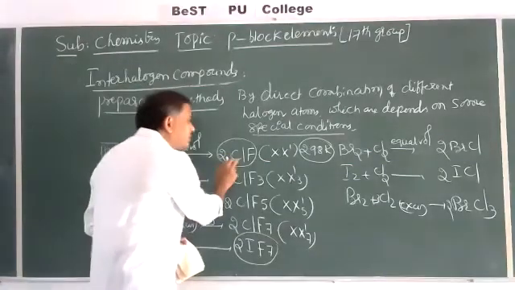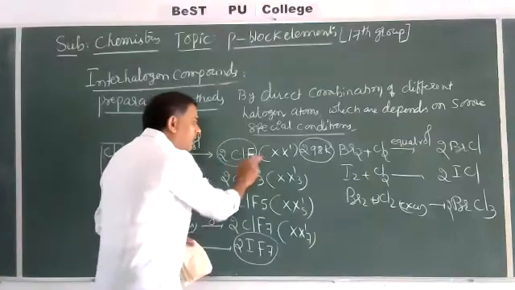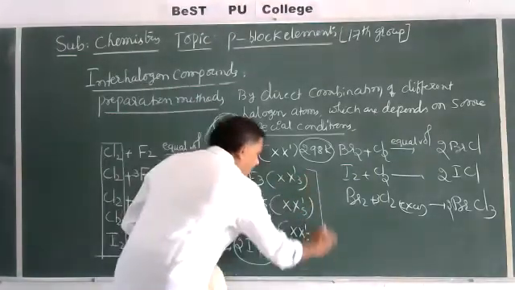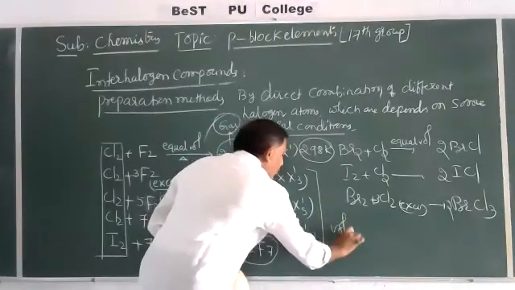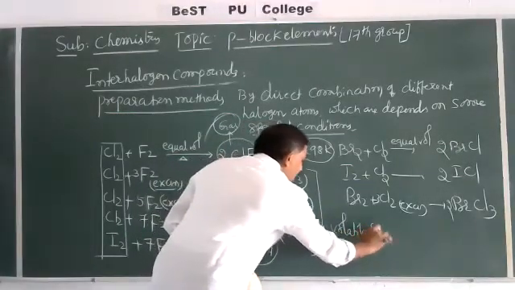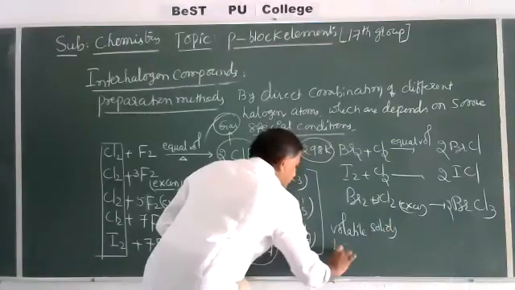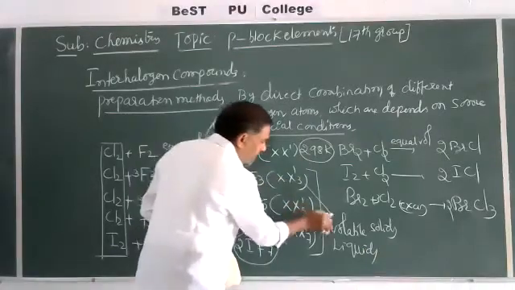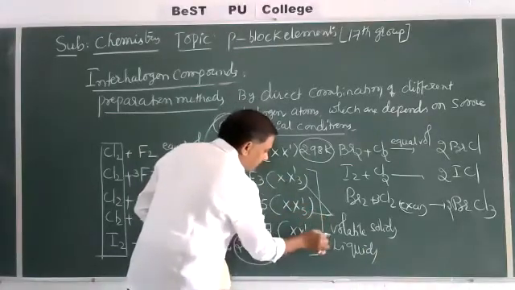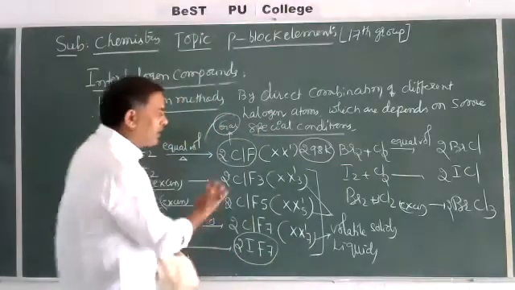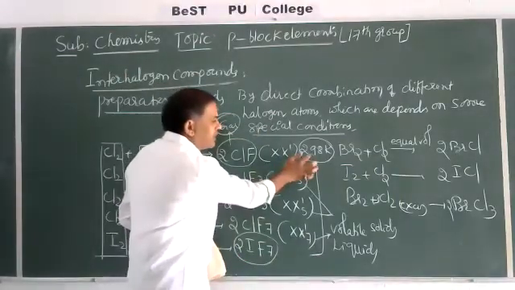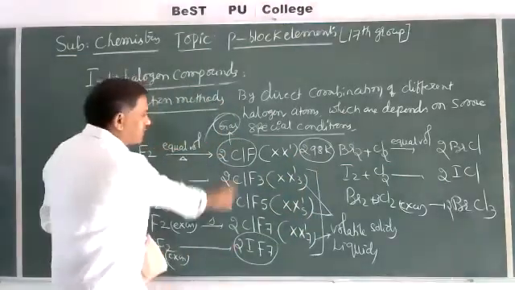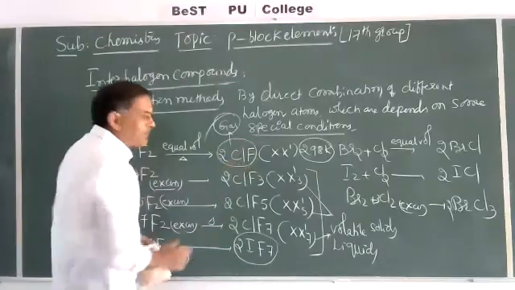But at room temperature, this is only gas. Remaining all are like these models, volatile solids as well as liquids. Like this model XX3, X-5, X-7 are generally at this temperature 298 kelvins, volatile solids or liquids, but this is in gaseous state at the temperature.